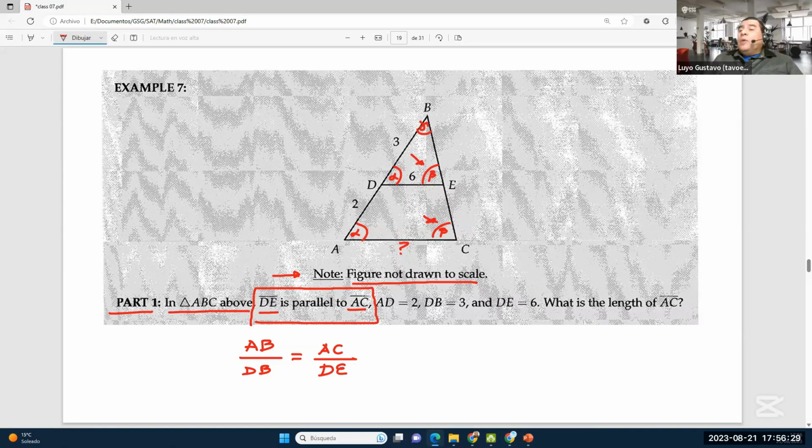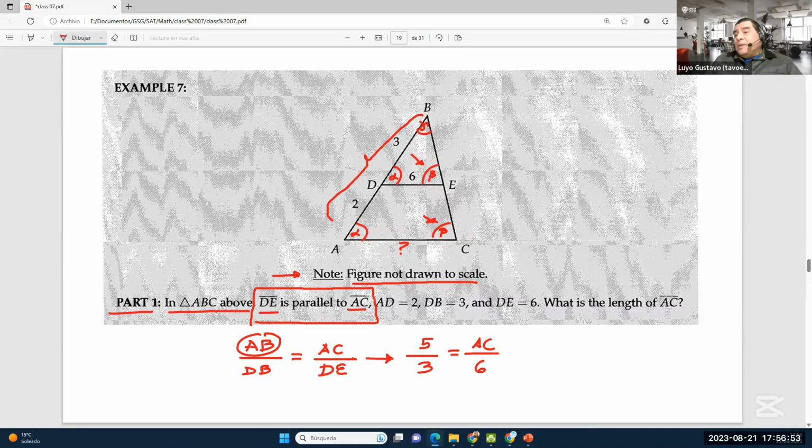So what can we say? Well, AB, we know because it is actually the sum of these two, 2 and 3. So this is 5, that is to say AB. DB is just 3. Then AC is what we want to find out. And DE, we have 6 here.